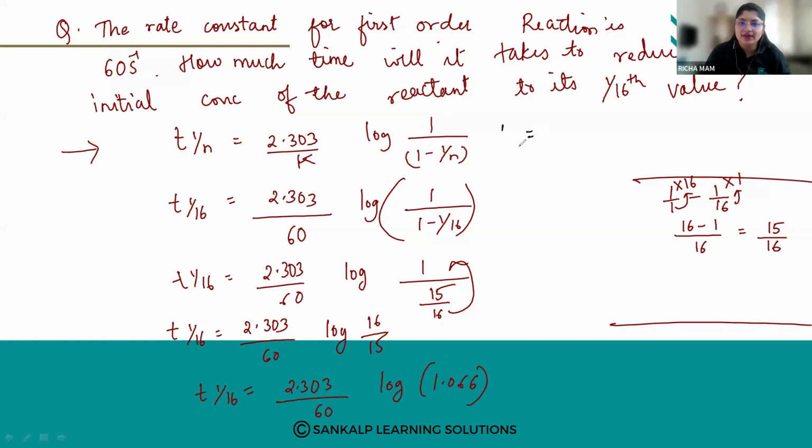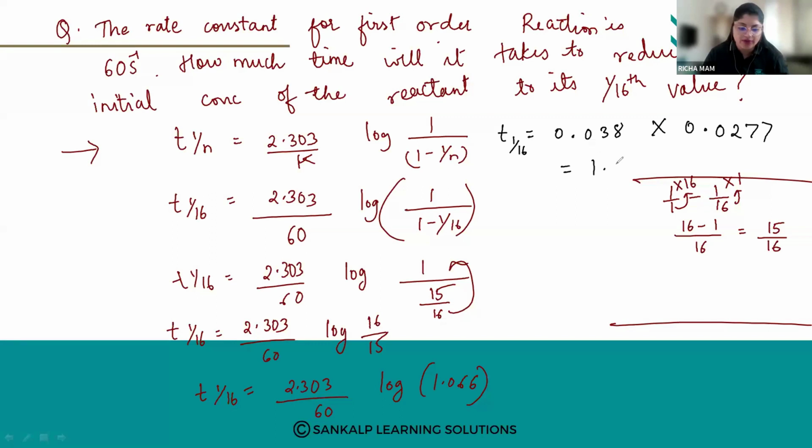So let us find t of 1/16. 2.303 divided by 60 is 0.038, into log of 1.066, which is 0.0277. Now just see how much you are getting: 0.0277 into 0.038.